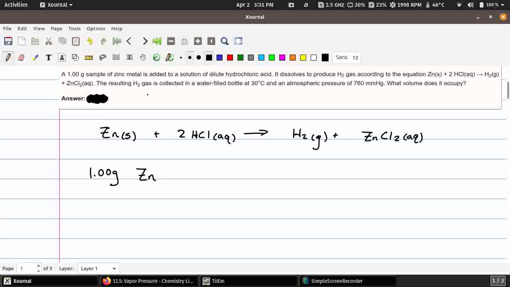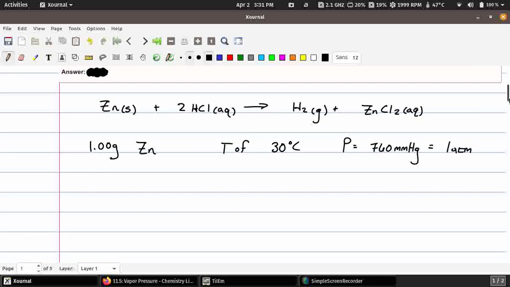The resulting gas is collected in a water-filled bottle at a temperature of 30 degrees Celsius, and P is equal to 760, which we know is equal to 1 atmosphere. Perfect. So now we just have to use this information and some stoichiometry to get to our final answer.